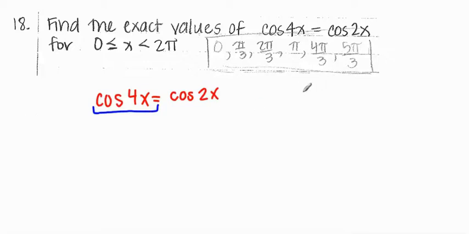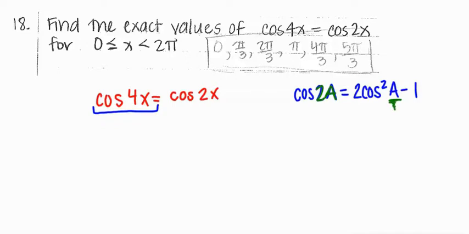And that would entail taking the double angle formula, cosine of 2a is equal to 2 cosine squared of a minus 1. Now this works because 2a is a double angle in terms of a.